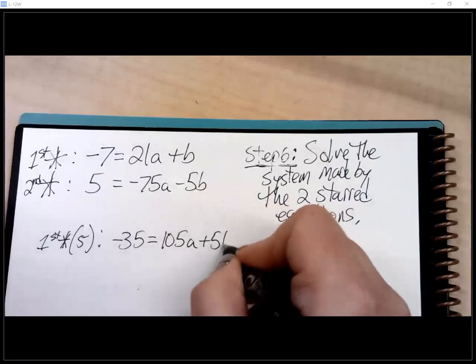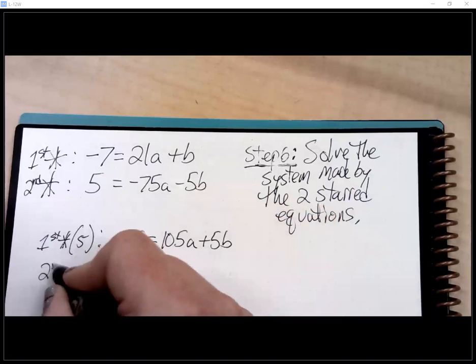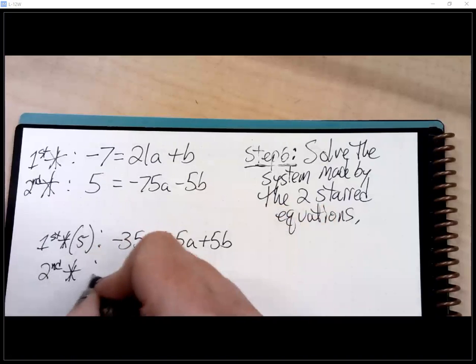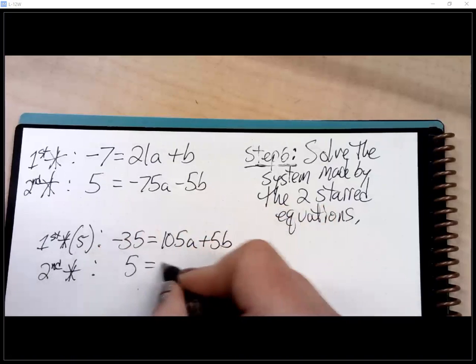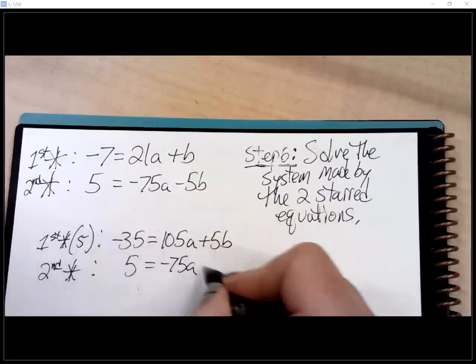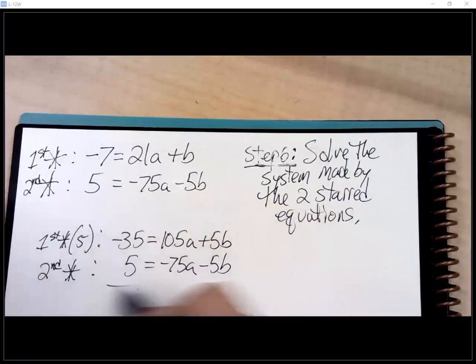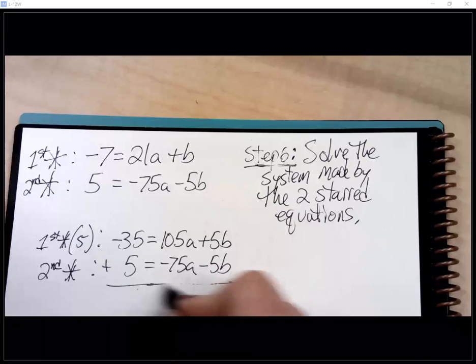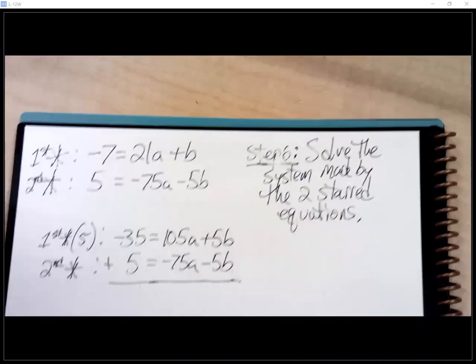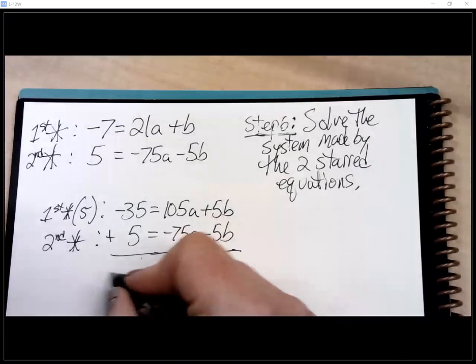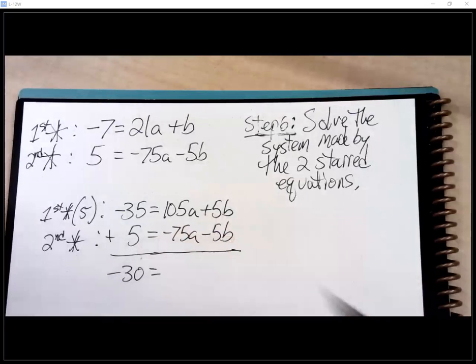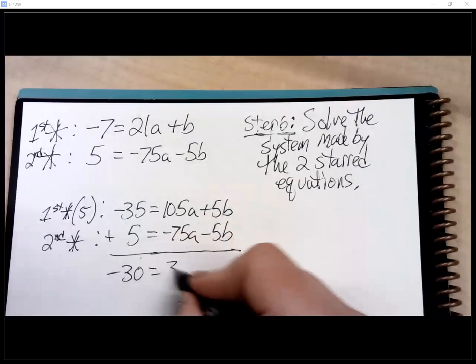And then just my second one as it is. Now I have this system, I can solve it. The B's are going to cancel out. What's that, a +30? And B's are gone.